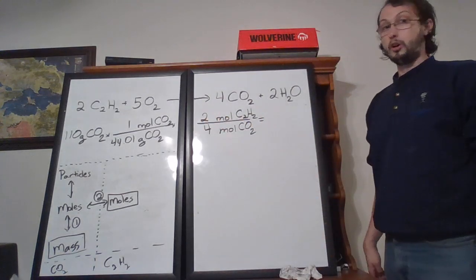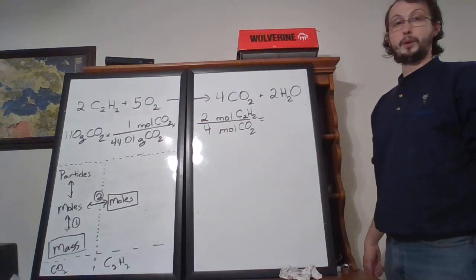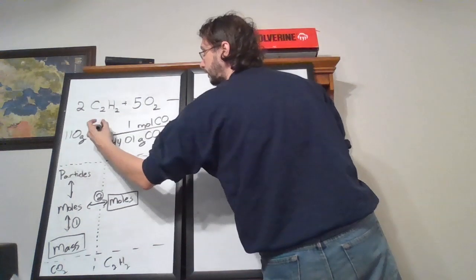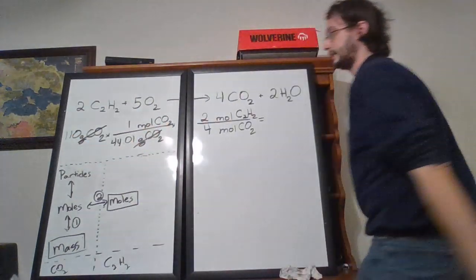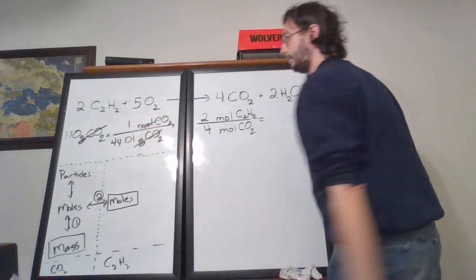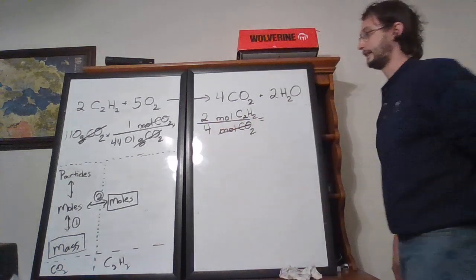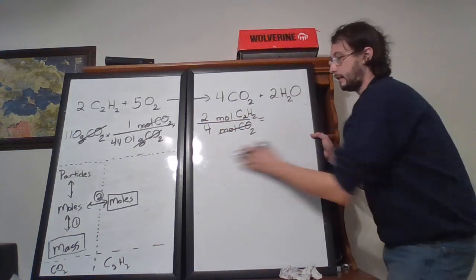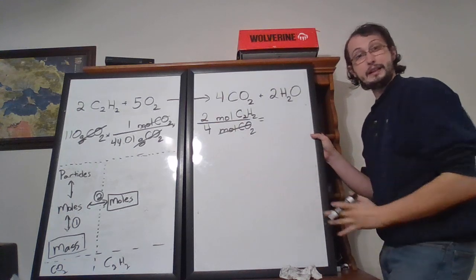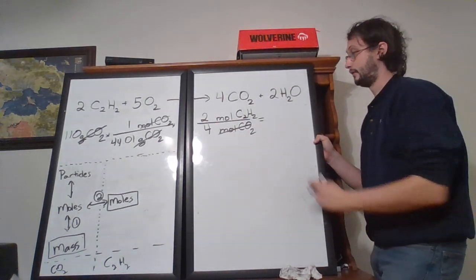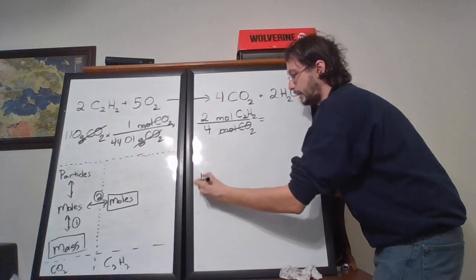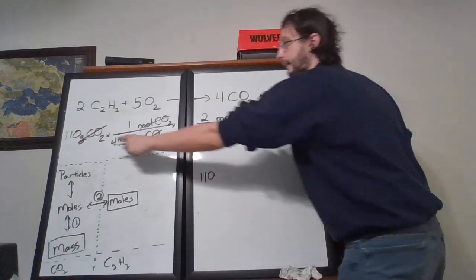All right. All the numbers, all the units have been set up. We just need to do the math now. Let's see what cancels out, see if that can help us. Grams of carbon dioxide cancel out with grams of carbon dioxide. Moles of carbon dioxide cancels out with moles of carbon dioxide. I think that's everything that cancels out this time. So I'm going to write this down here to give us a little more room to hopefully space it out, make it easier to see at home. So we have, over on the left, 110. That canceled out.